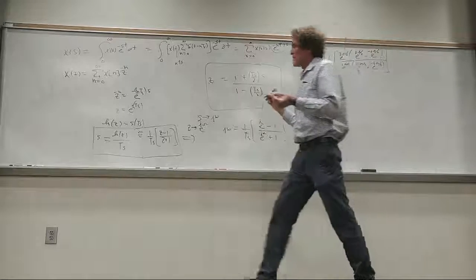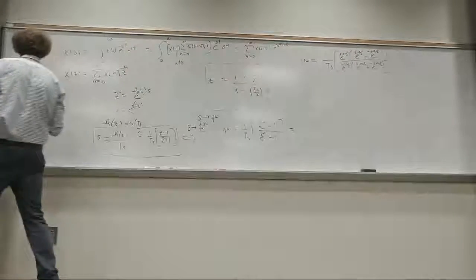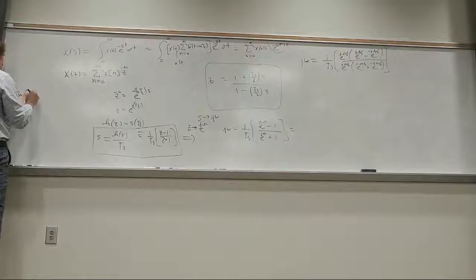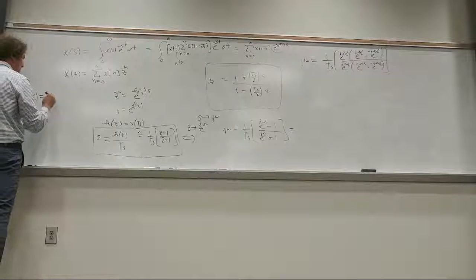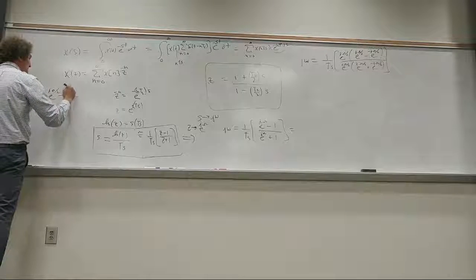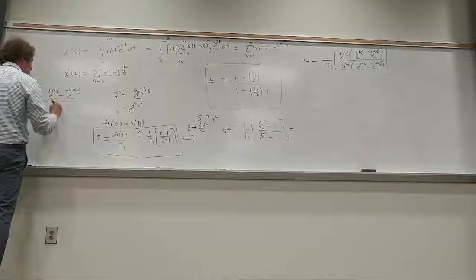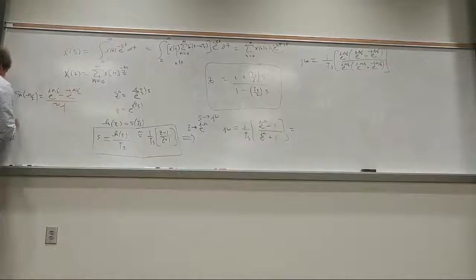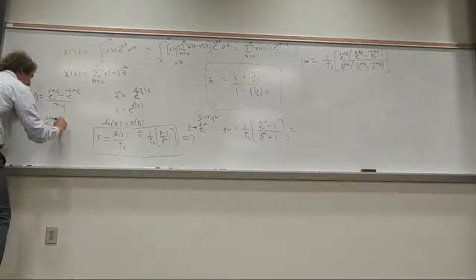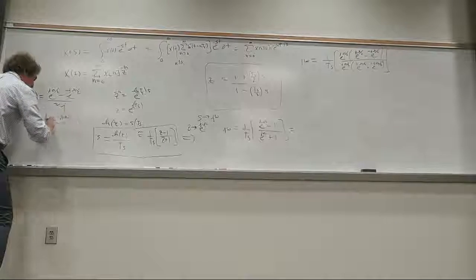And I'll put over here the relationship. So I know that sine of omega over 2 is equal to e to the j omega over 2 minus e to the minus j omega over 2, over 2j. And I know cosine of omega over 2 is equal to e to the j omega over 2 plus e to the minus j omega over 2, over 2.